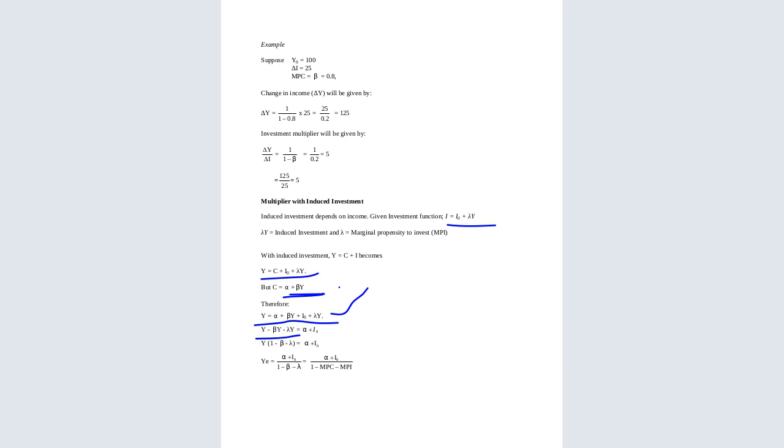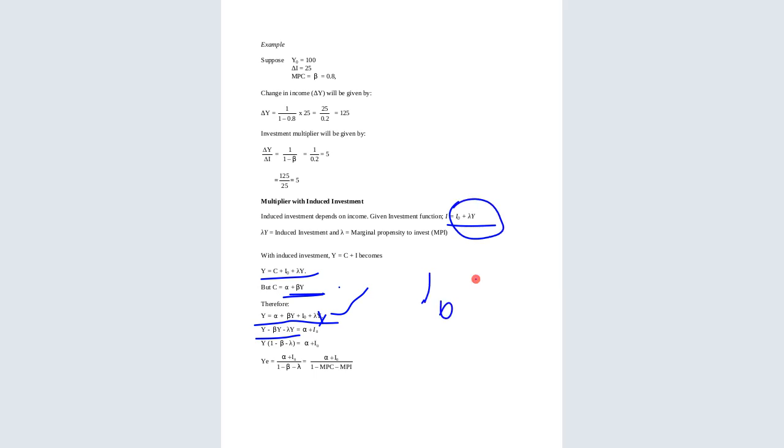Now, I think there is a small omission. Now, there is a lambda here. Under the investment function up here, I naught plus lambda y. So there is a lambda there.